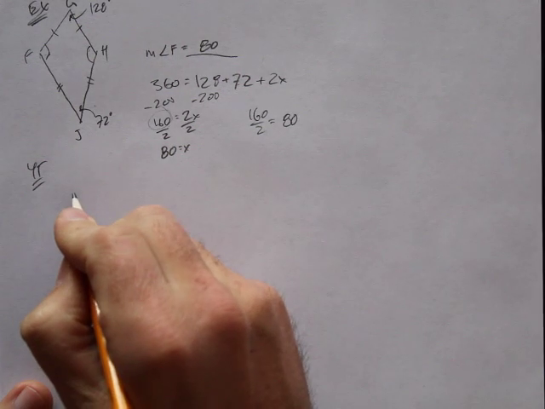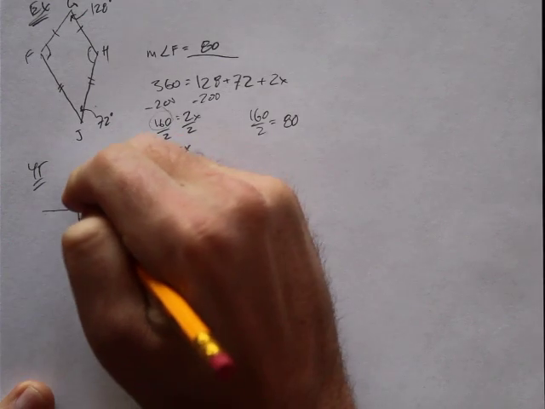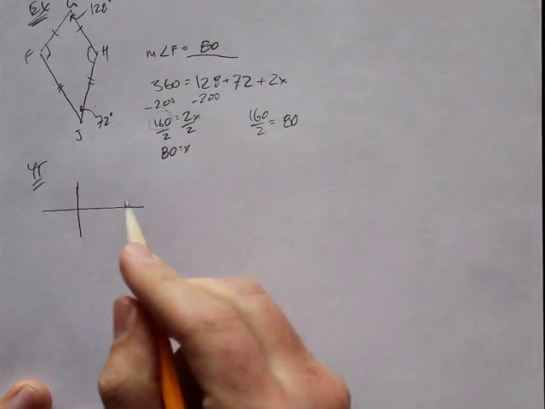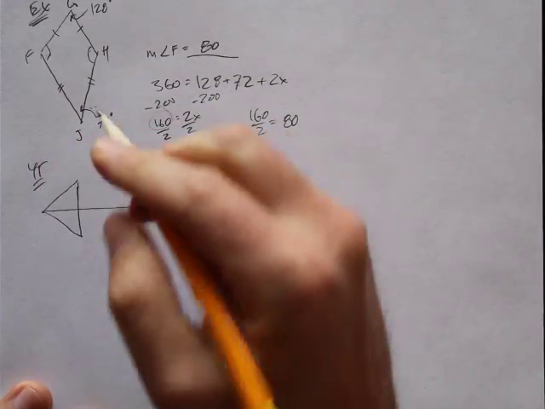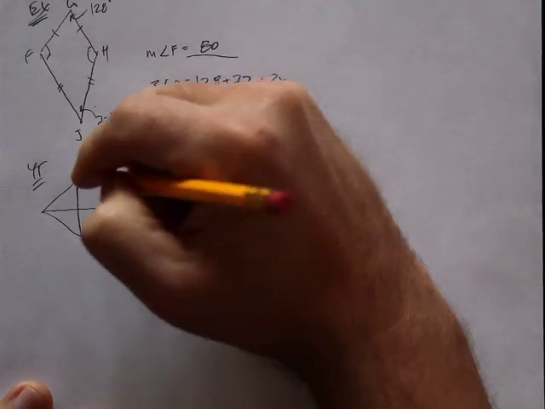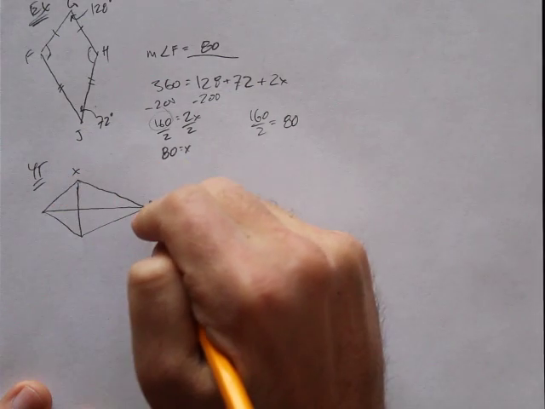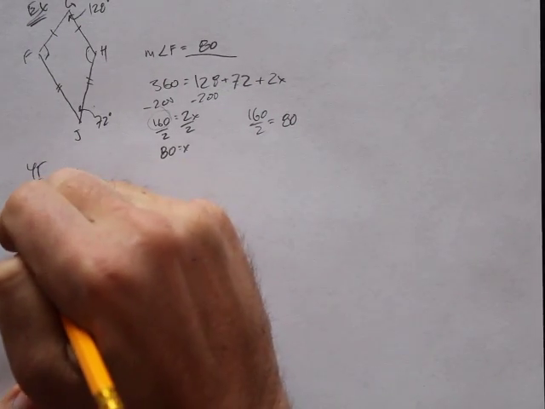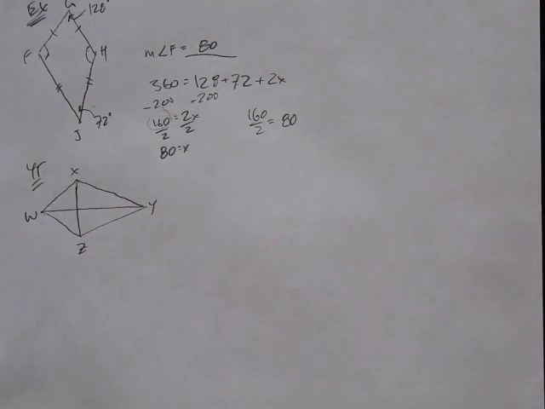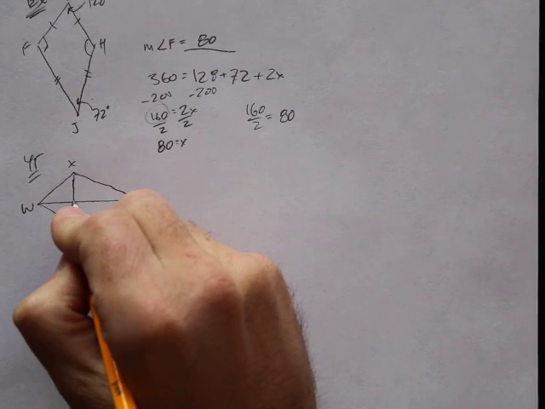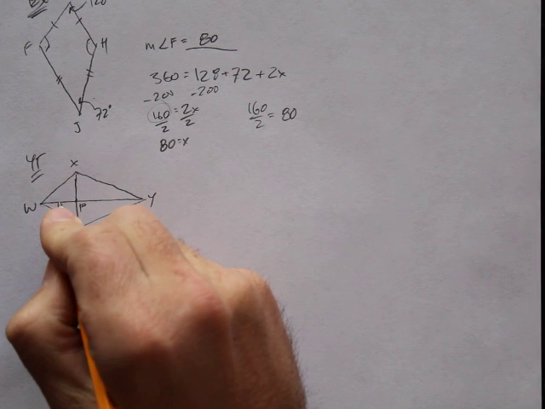This is a you-try. I am going to draw a kite, starting with the diagonals this time. We get diagonals on this one. I don't know why I have a hard time with kites, but there it is. This is kite X, Y, Z, W. I have a point here, P. WP is 6.